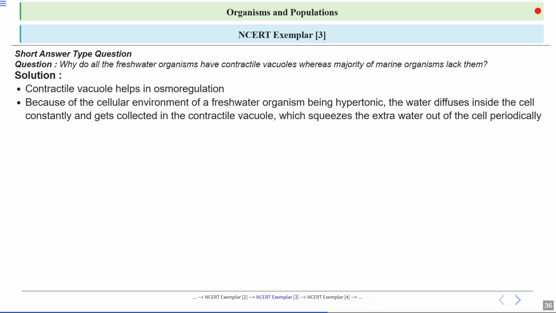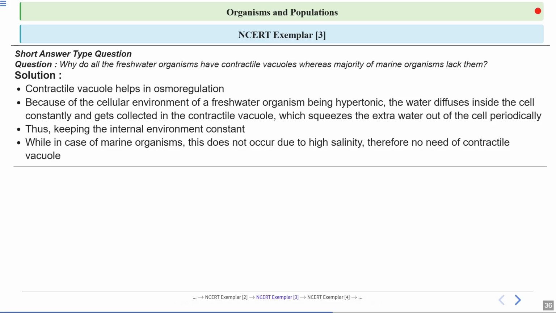The contractile vacuole collects the extra water and squeezes it out, much like wringing out a soaked sponge, to keep the cell from swelling up too much. This keeps the internal environment constant. By regularly pumping out the excess water, the contractile vacuole helps the organism keep its internal environment stable.